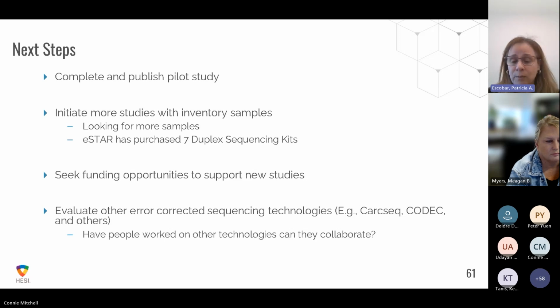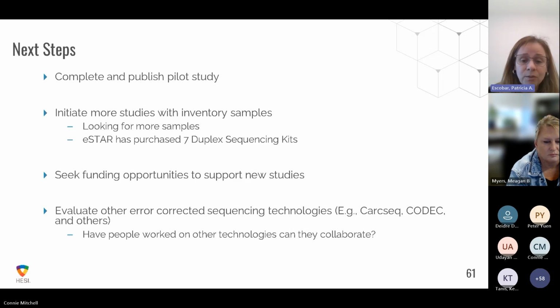One of the challenges we had this year, and I think a lot of you may have known, is that we were using duplex sequencing. That was a technology from Princeton. Princeton was closed. So we're still trying to understand what is going to happen with that technology, whether it is going to be bought by another company and continue to be used, or we might need to go back, as there are other error-corrected sequencing technologies coming out, and start looking into other technologies at this point.